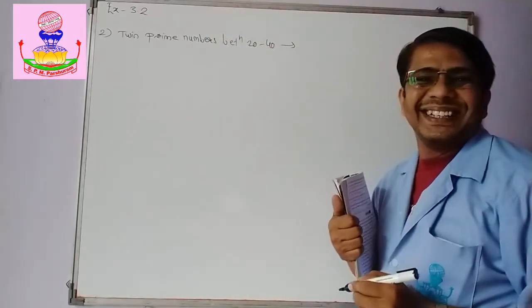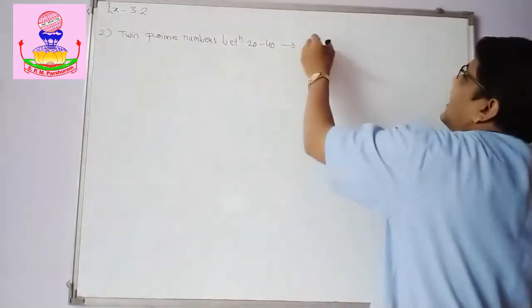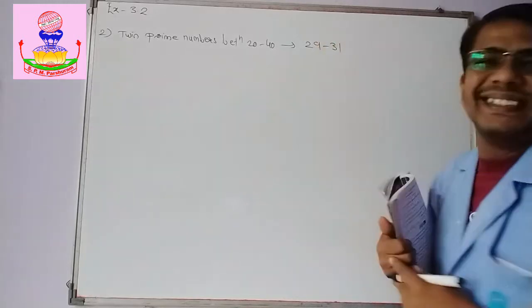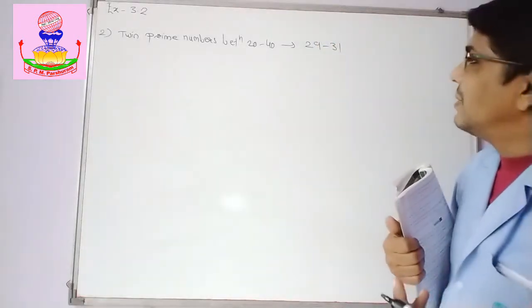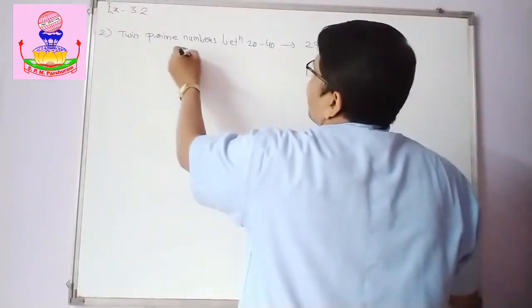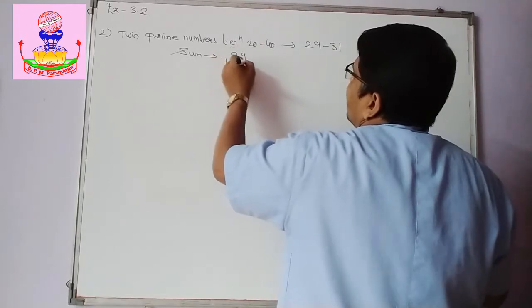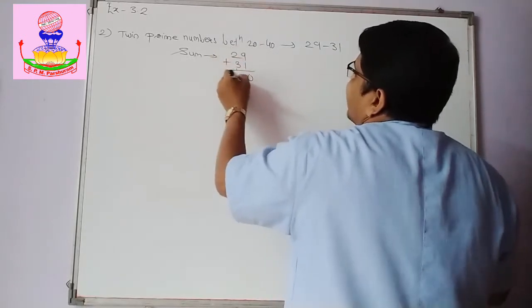Can you tell me? 29, 31. Yes. That is the only pair which is the twin prime number between 20 to 40. Their sum. What is the sum? 29 plus 31. 60.